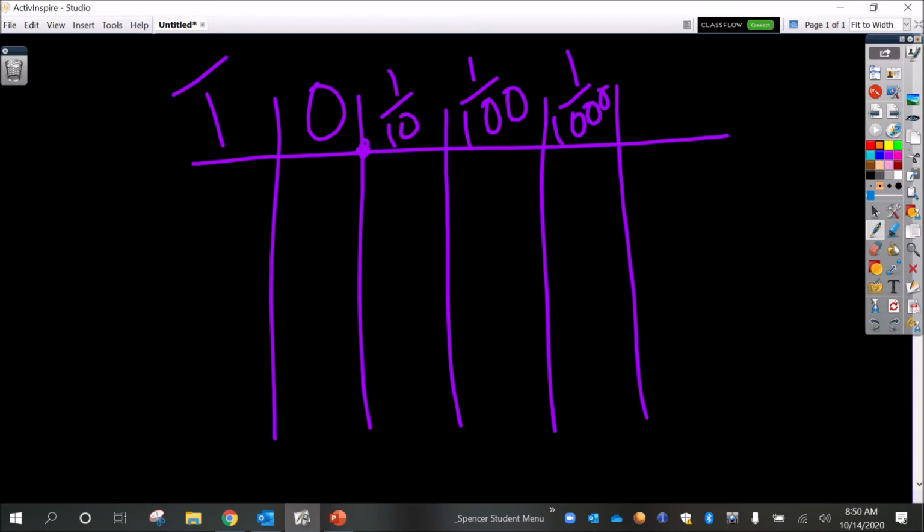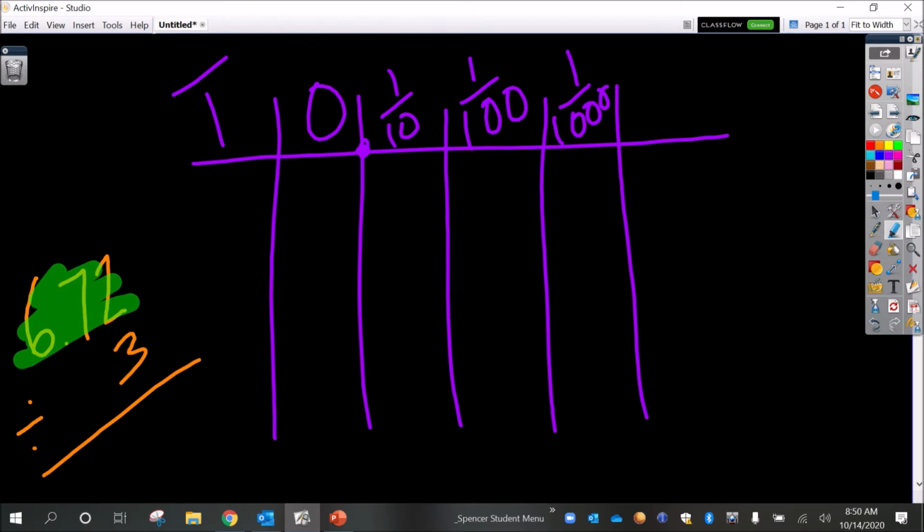And to start, let's divide 6 and 72 hundredths divided by 3. So first we're going to represent the number we're starting with, 6 and 72 hundredths.